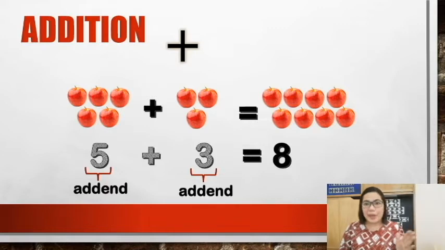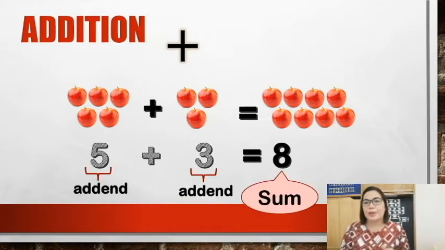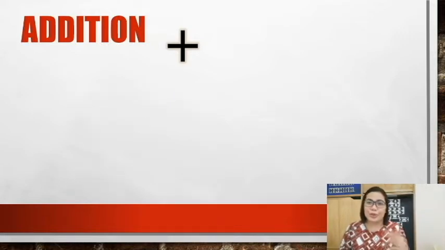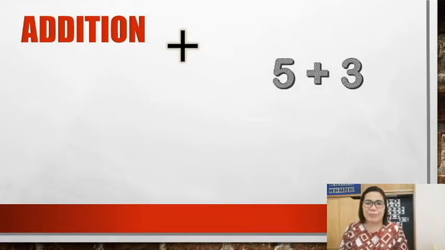The numbers that we added, katong 5 and 3, are called the addend. Na? Ug ang resulting value sa dihang atong gi-add is called the sum or the total. Now, there are also terms associated with addition aside from the word plus. So atong example natay 5 plus 3.